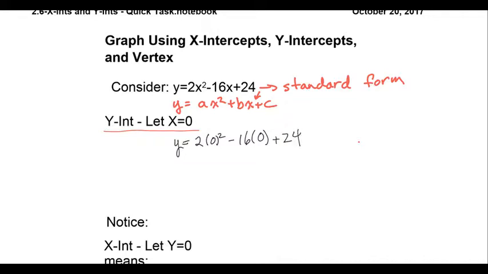Anything times 0 gives 0, so the next line is y equals 0 minus 0 plus 24. Our final answer is y equals 24. Therefore the y-intercept is 24.